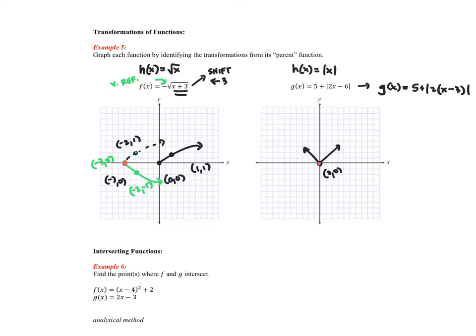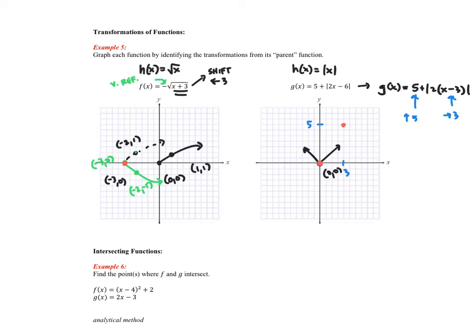So what's going to be happening to the vertex is it's going to shift right 3 units, and it's going to shift up 5 units. So I'm going to go to the right 3 and up 5. That's where our vertex is going to land.